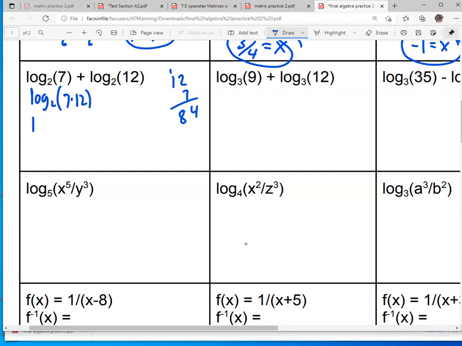So log base 2 of 84. Is there anything I can do with that? Well, let's see here. Can I find the factors of this? 84, well, we know 84 is 12 times 7. That's also the same as 3 times 4 times 7.